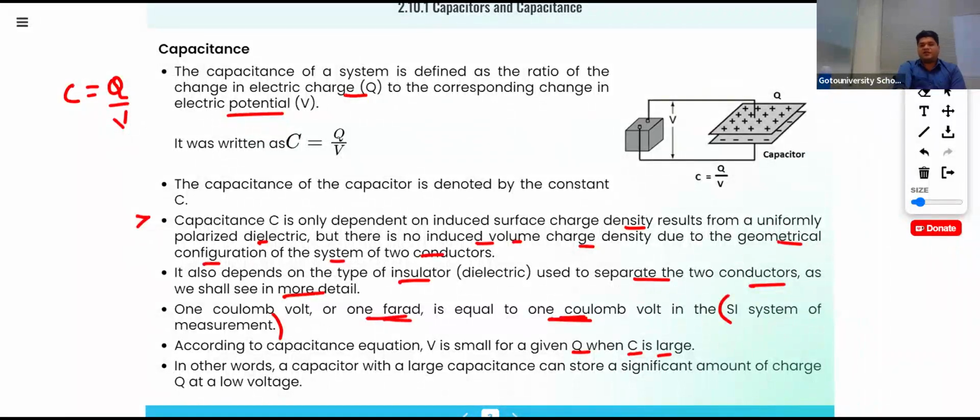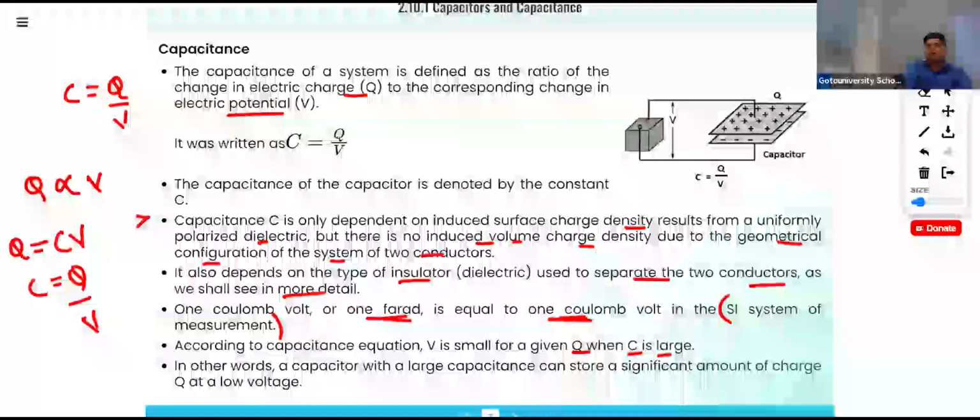See, as we are increasing the charge, V will get increased. Yes. If we remove the proportionality sign, we get a constant, and that constant is C. So your C will be equal to Q upon V. What is Q? Charge. What is V?